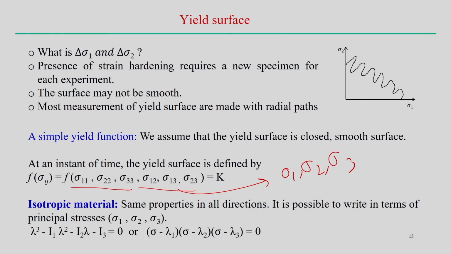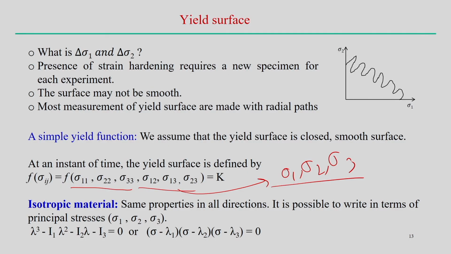Now, for an isotropic material, the properties are the same irrespective of direction, so it is possible to write the function in terms of the principal stresses. That means, for an isotropic material, we can directly convert the initial, original state of the stress into the principal stresses.